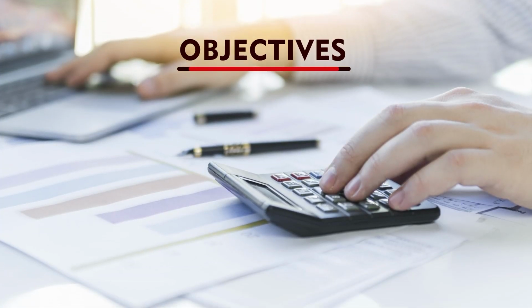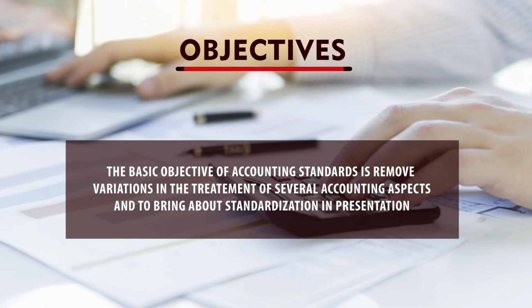So in tune with that we will now discuss the objectives of accounting standards. So the first important objective of accounting standards is to remove variations in the treatment of several accounting aspects.